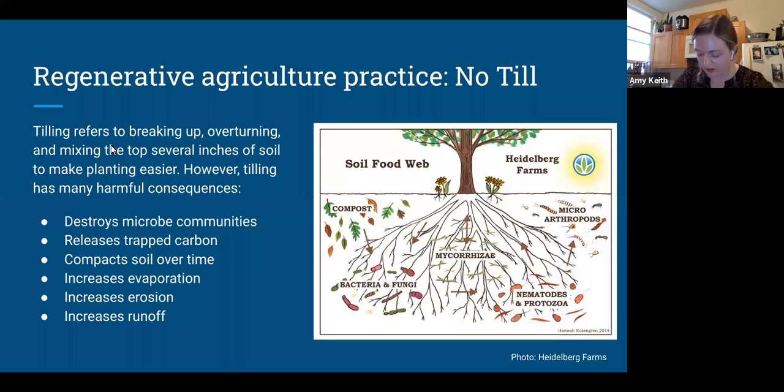By disturbing the soil as little as possible when planting, these consequences are substantially reduced. So regenerative agriculture advocates for either doing targeted digging when you're planting or using technologies like seed drills that just poke a tiny little hole into the soil instead of overturning the entire soil bed to plant.